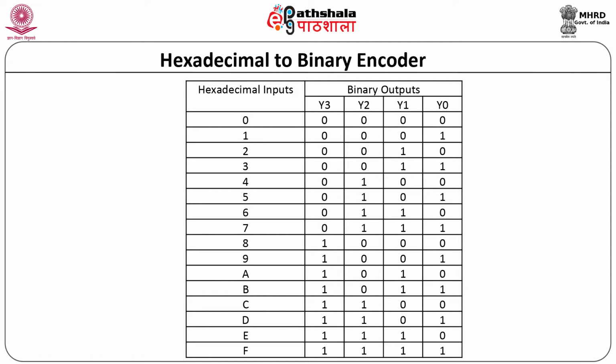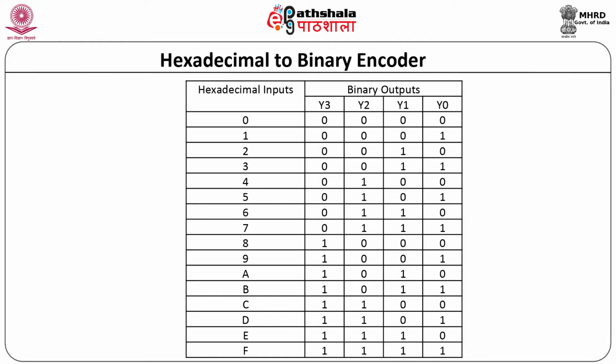Hexadecimal to binary encoder. Hexadecimal to binary encoder accepts 16 inputs, that is 0, 1, 2, 3 up to 9, then A, B, C, D, E and F, and produces 4-bit binary code corresponding to activated hexadecimal input.